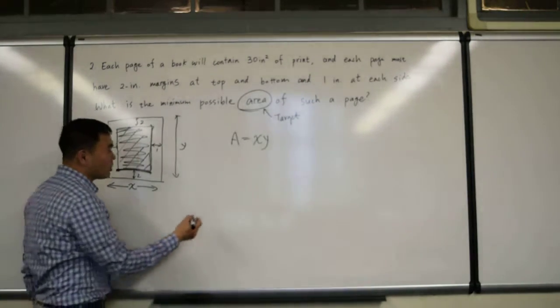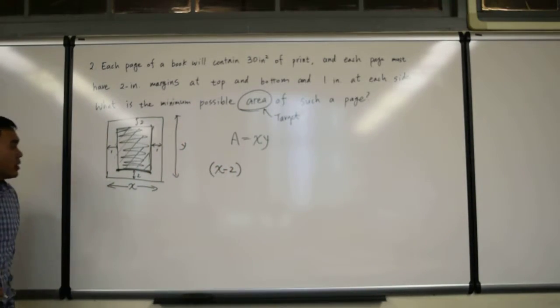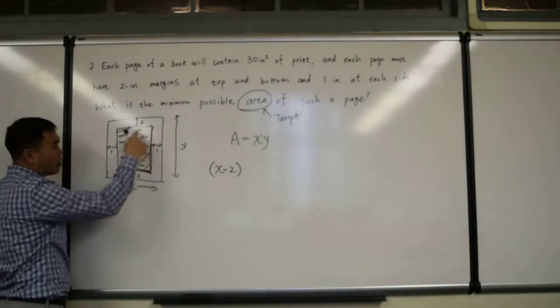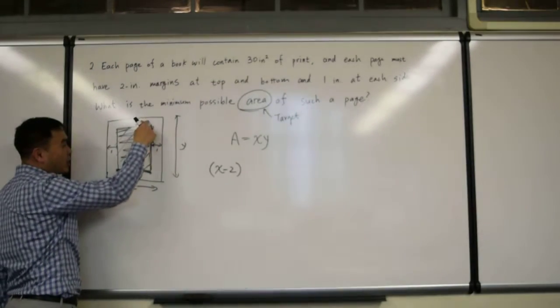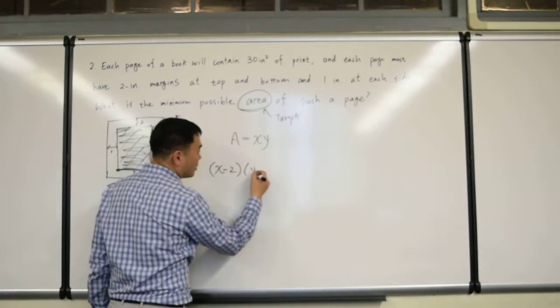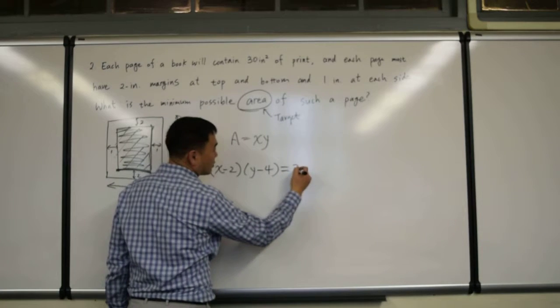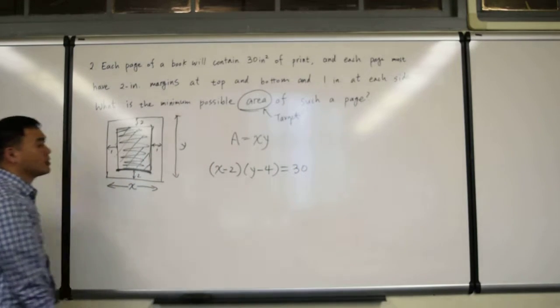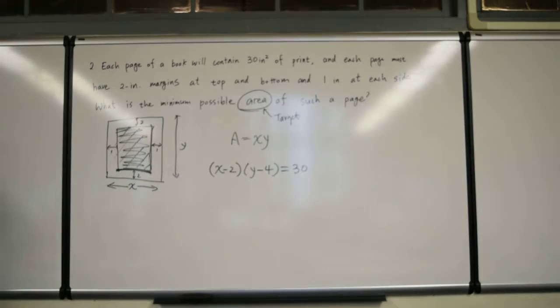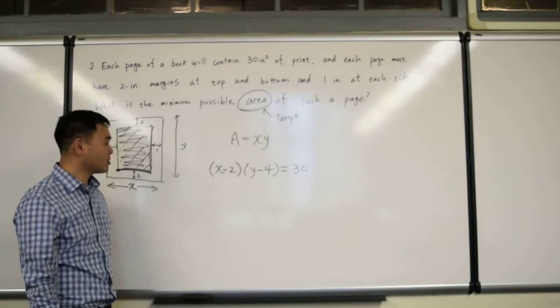So you have x minus 2, and for the height, it's y minus 4. Right? And that has to equal 30. And that's it, we are almost done.